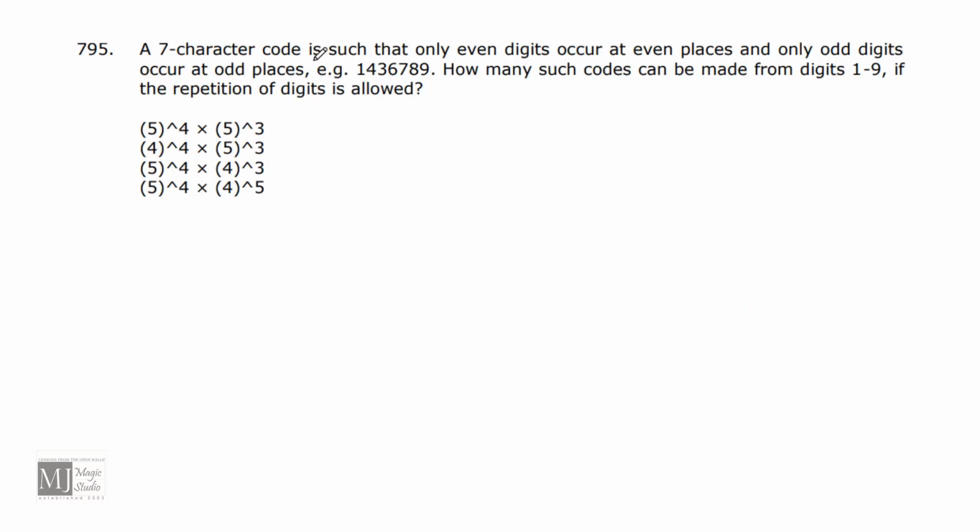A 7-character code is such that only an even digit occurs at an even place and only an odd digit occurs at an odd place. Positions 1, 2, 3, 4, 5, 6, 7. The odd places are 1, 3, 5, 7, and in the other places we will have even digits.